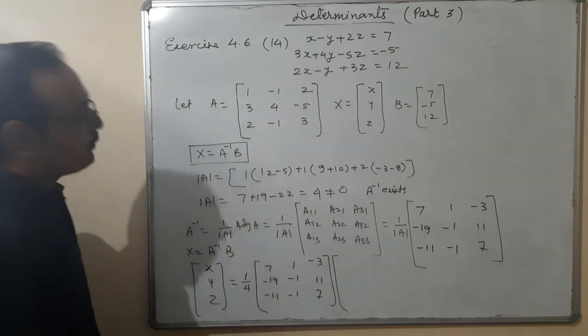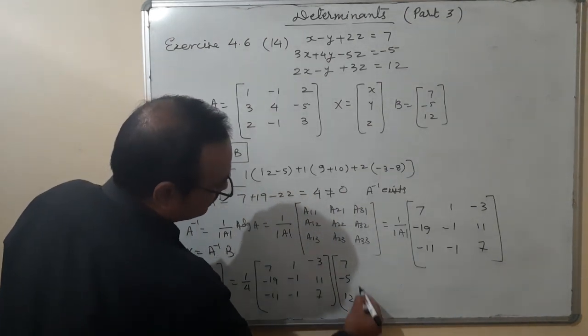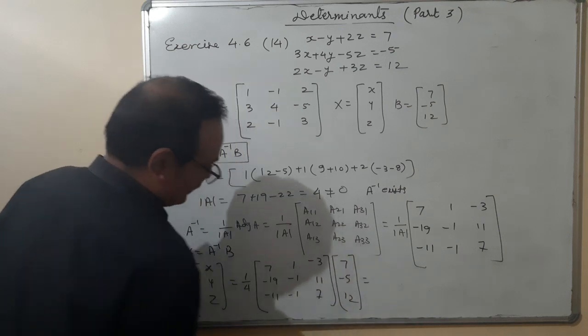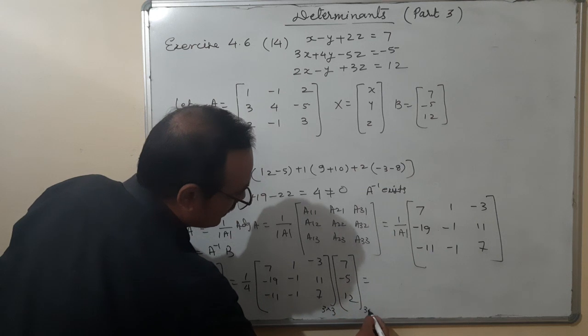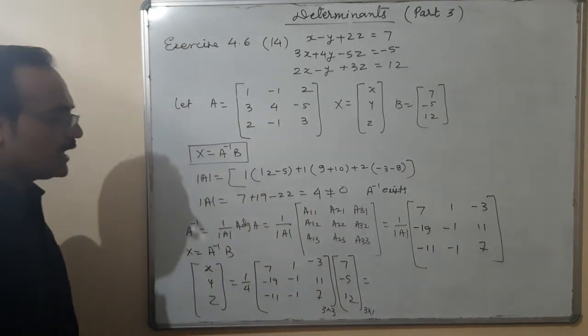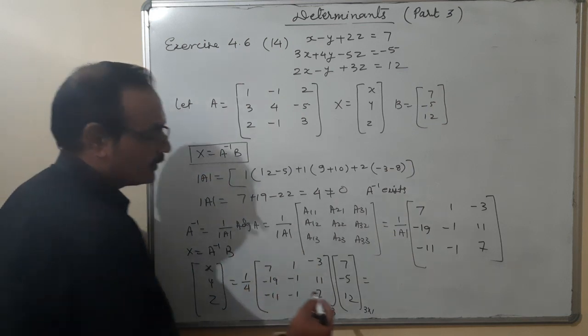And what is the value of B? B is 7, minus 5, 12. Because the first is 3 cross 3 and this is 3 cross 1, we are getting 3 cross 1, 3 rows and 1 column.